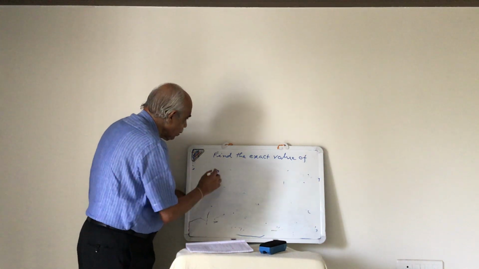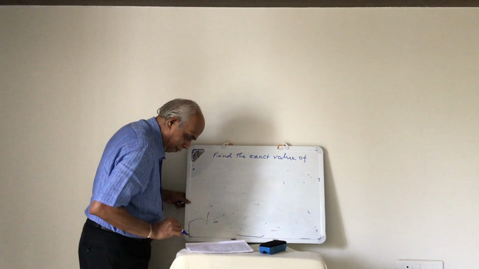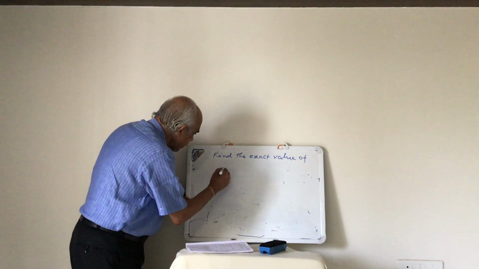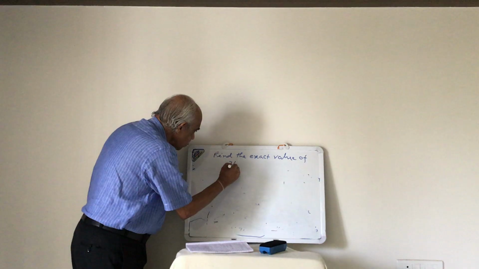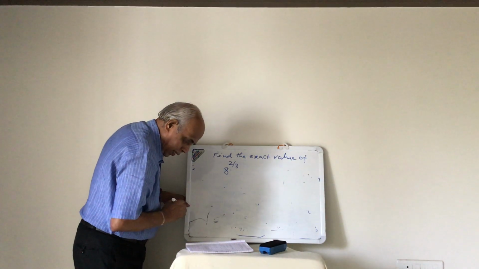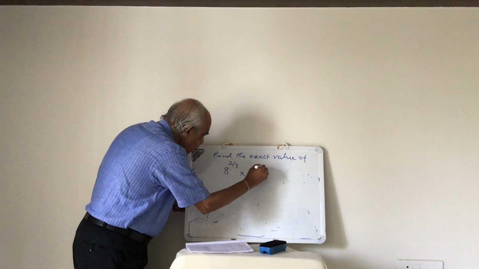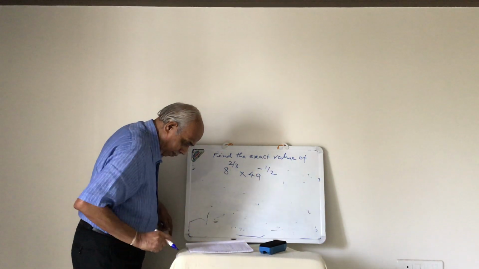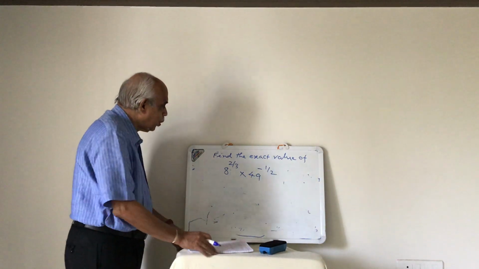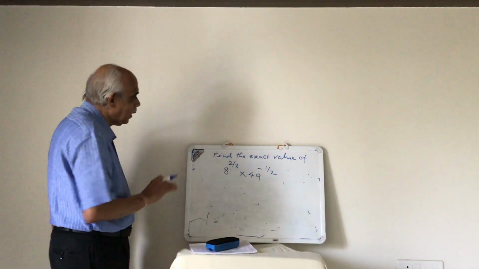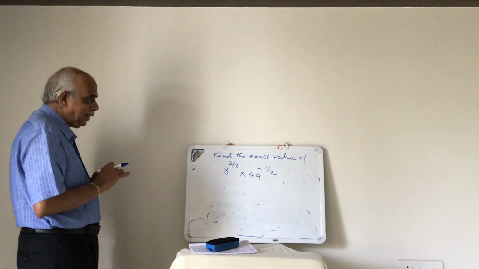So now the next question is, find the exact value of 8 raised to 2 upon 3 into 49 raised to minus half. Okay, so now see, this is the expression they have given. So we have to find the exact value.